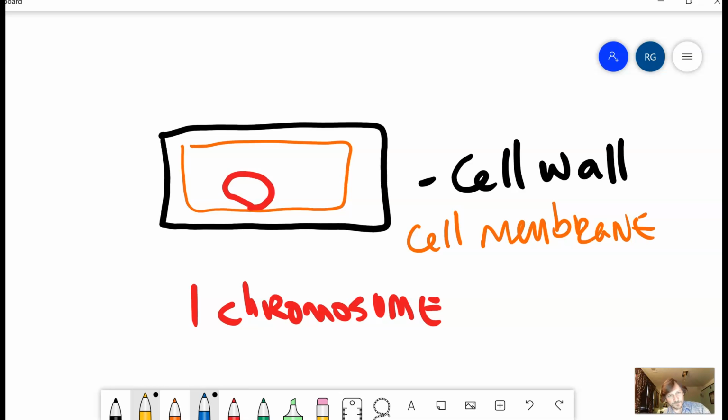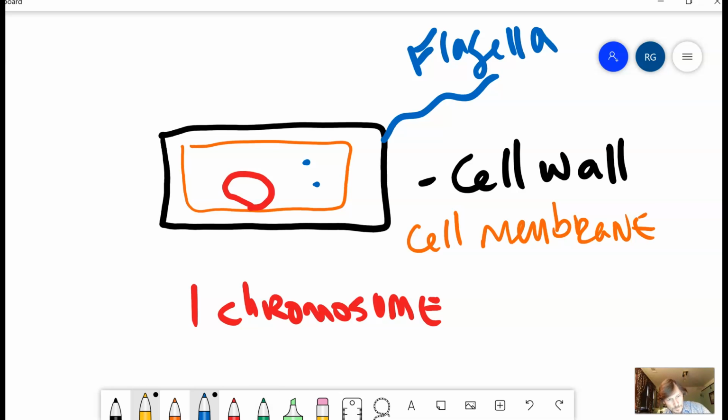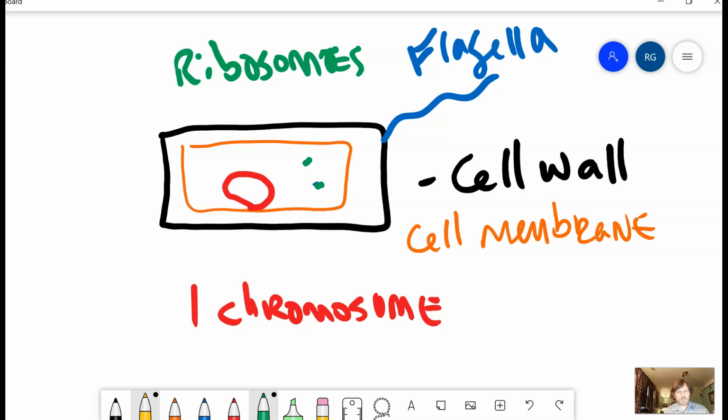And then we have the rigid flagella to the outside. And we have these little organelles called ribosomes. Okay, so that was pretty much our prokaryote, right?